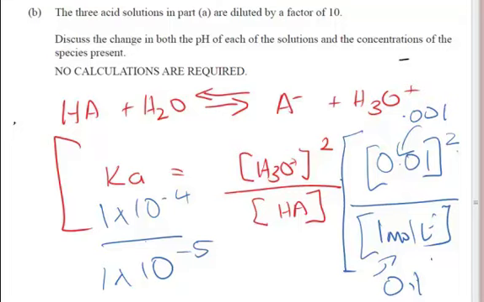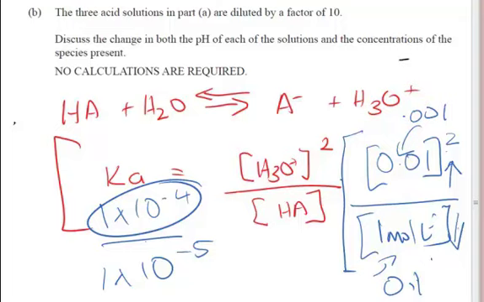If the numerator and denominator were exactly the same and we change them both by a factor of 10, then yes, the Ka value would stay the same, but because the numerator is squared, that doesn't happen. Now the only way to get this back to this constant is by increasing the value of this and or decreasing the value of this.